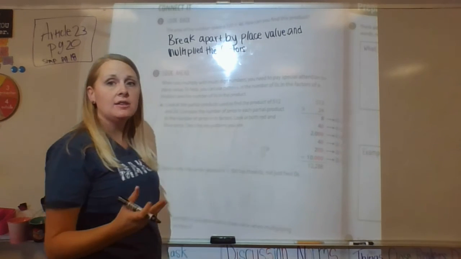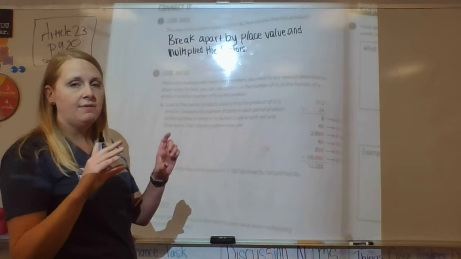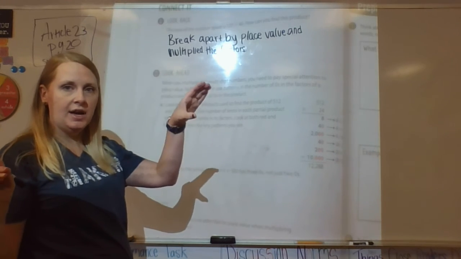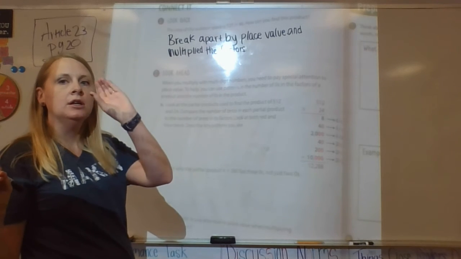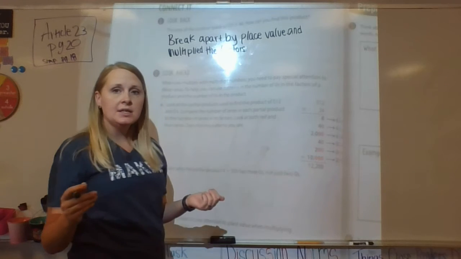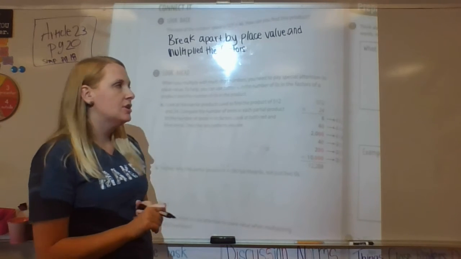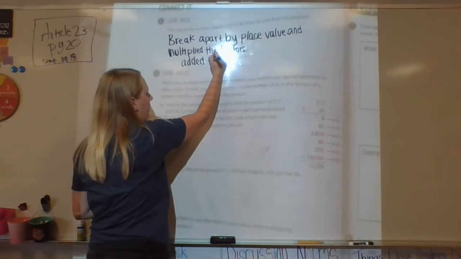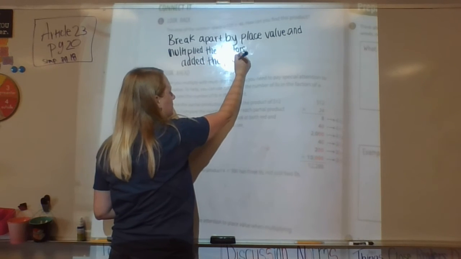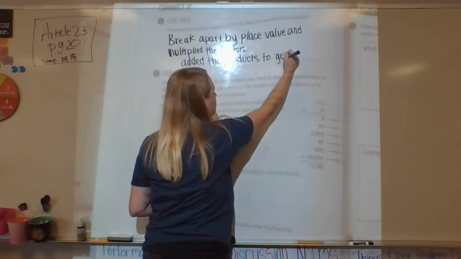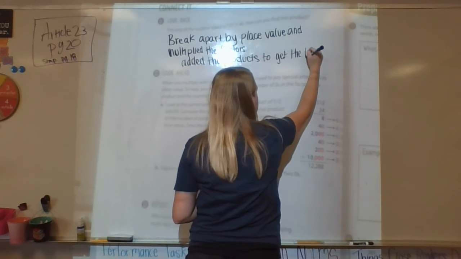The factors were the numbers that we broke it apart into, right? We had 4, 6, 2, 7. Those were the factors. And when we multiplied them, we got the products. The products are the answer to your multiplication. So then we added the products to get the total.